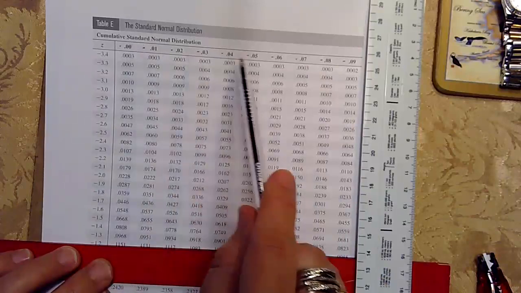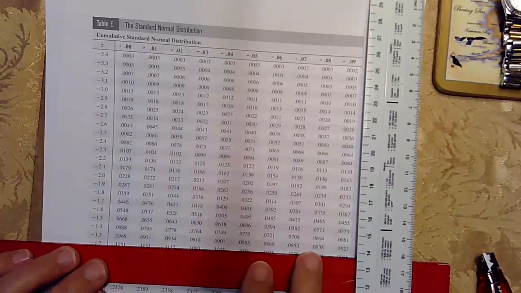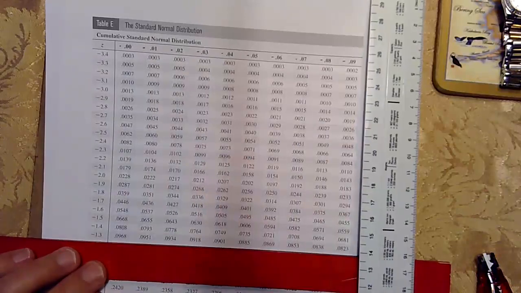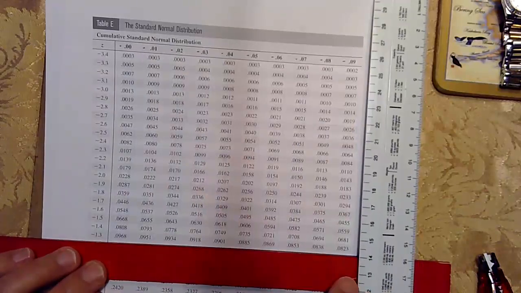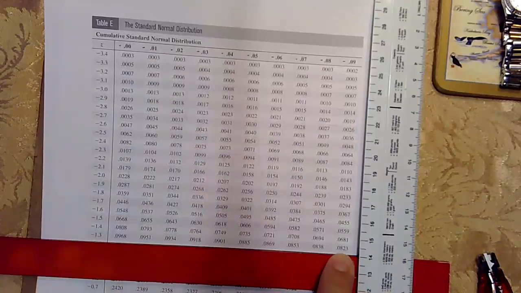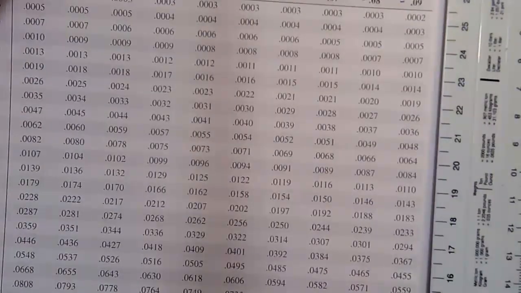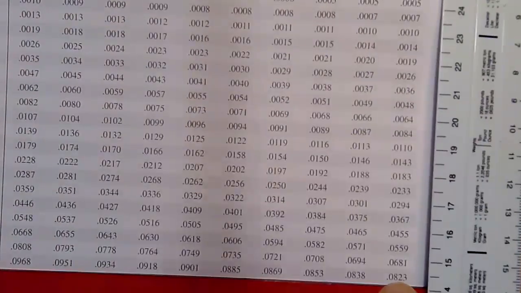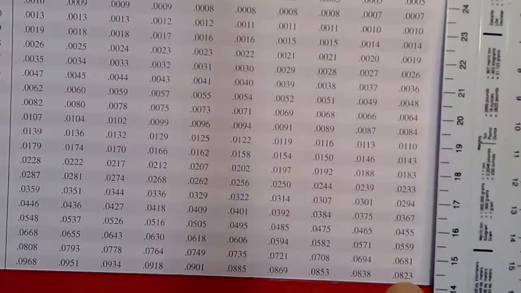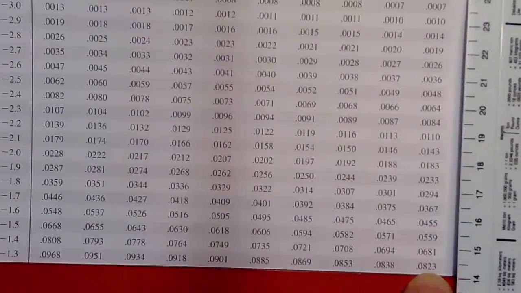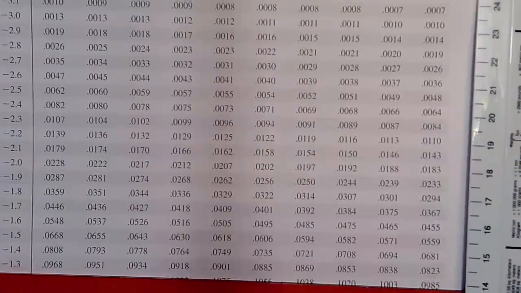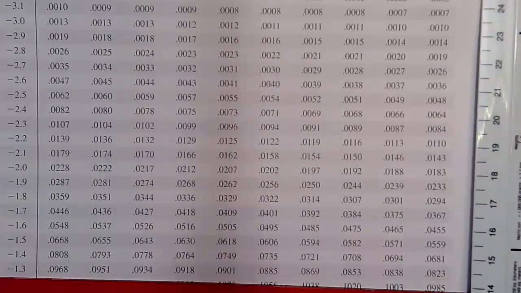These are also negative. And so when you have negative 1.3 and then negative 0.09, isn't that this number right here? See that number right there? Looks like it's 0.0823. So there's negative 1.3.